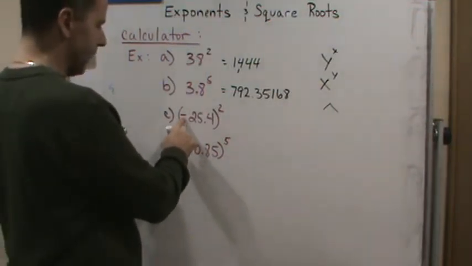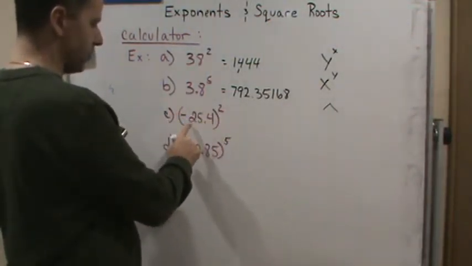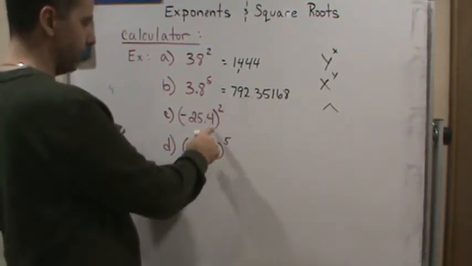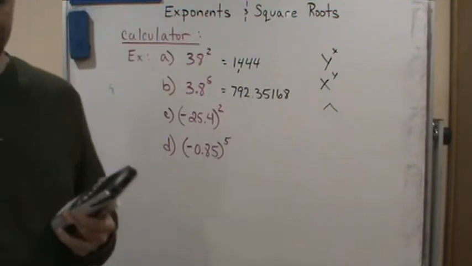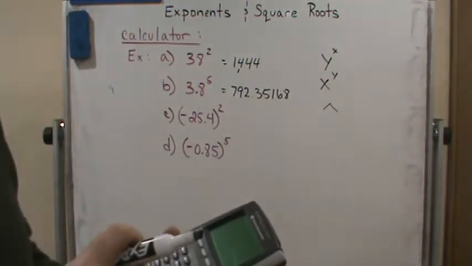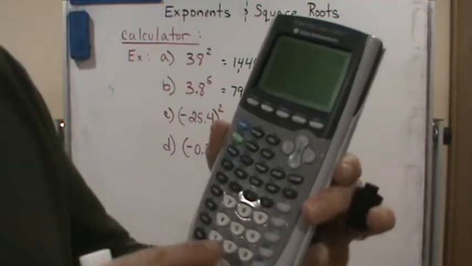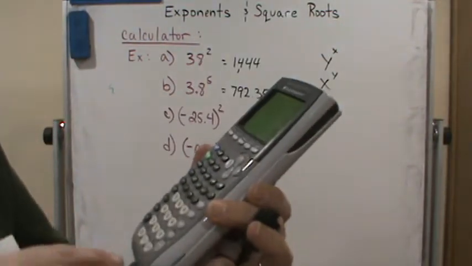Now what about this one? Here it's got a negative sign inside, so it's negative 25.4 times negative 25.4. So how do I do that in the calculator? Well, I want to use exponents. What I'm going to do is use parentheses, and I'll show you why.